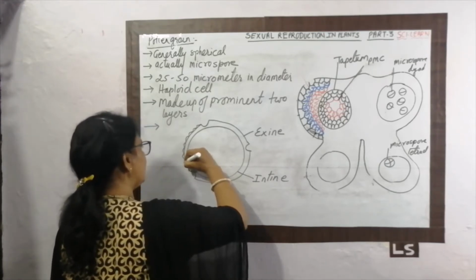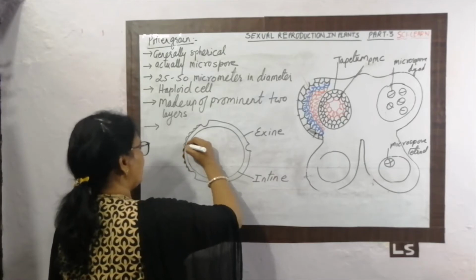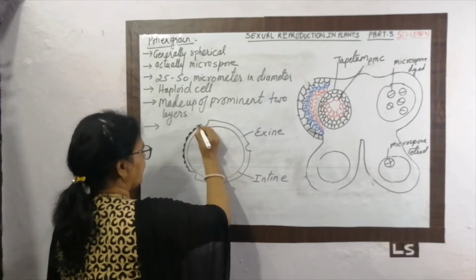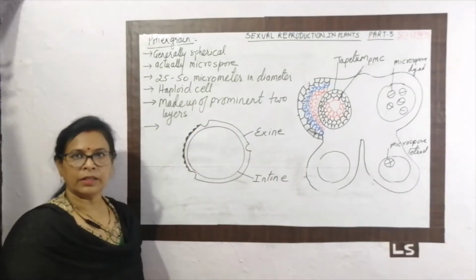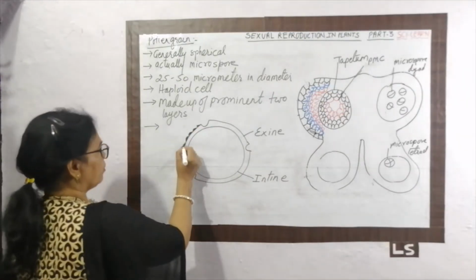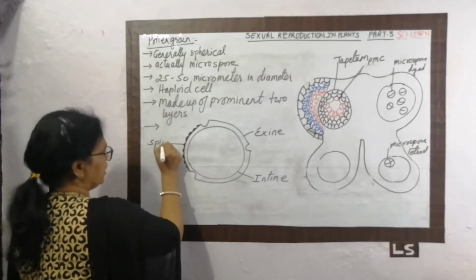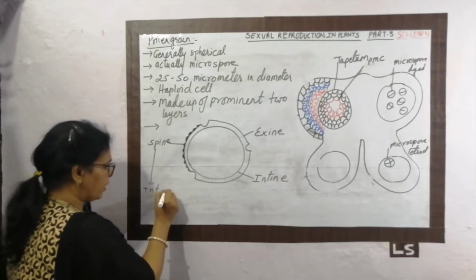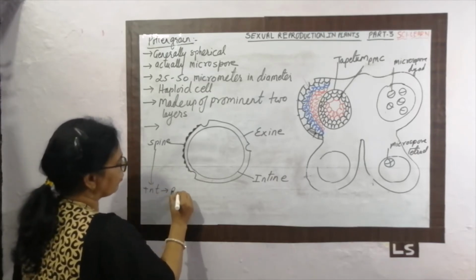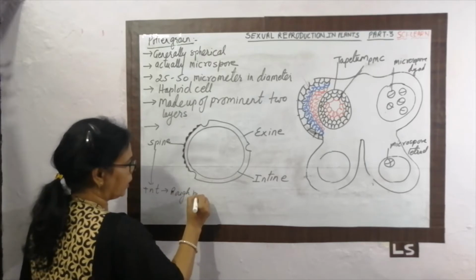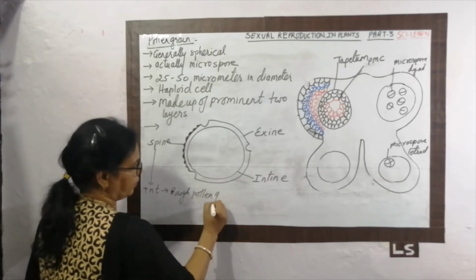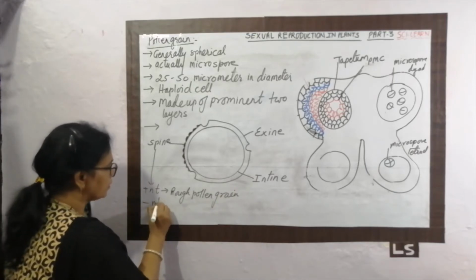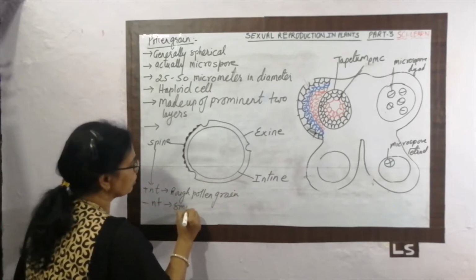If spines are present, it is called a rough pollen grain, and if spines are absent, then it is called a smooth pollen grain.